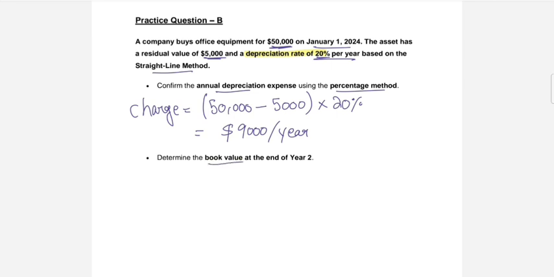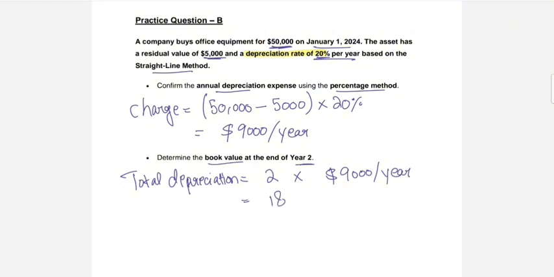And determine the book value, which is going to be the carrying value at the end of the year 2, which means that if we are talking about the total depreciation at the end of the year 2, which will be simply the total number of years, which is 2, multiplied by 9,000 per year, which is the depreciation charge per year. 2 nines is 18.